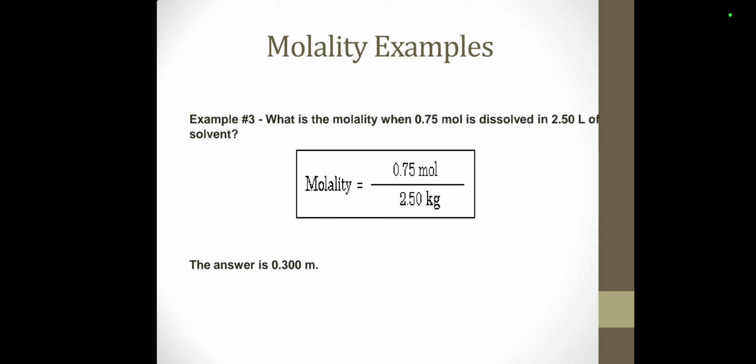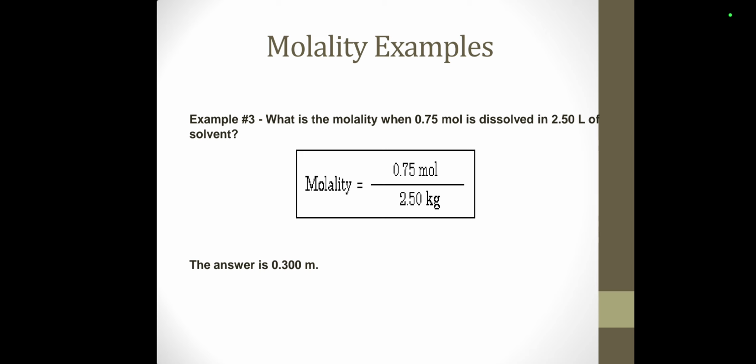So here, for example number 3, what is the molality when 0.75 mole is dissolved in 2.50 liters of solvent? So now, the molality is equal to 0.75 mole over 2.50 kilograms.